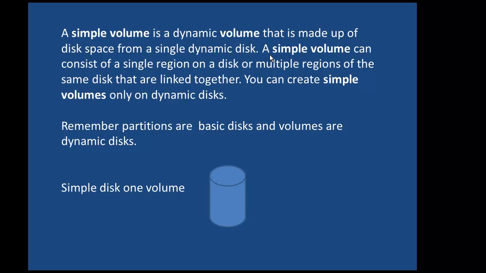A simple volume is going to give you one space on a disk. That can take up the whole disk, or you could decide to use half of the disk or some of the disk size for that simple volume. But it is going to be space from a single dynamic disk.